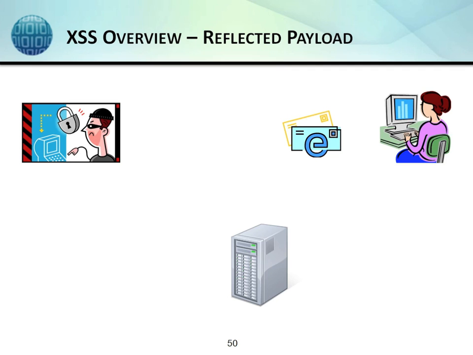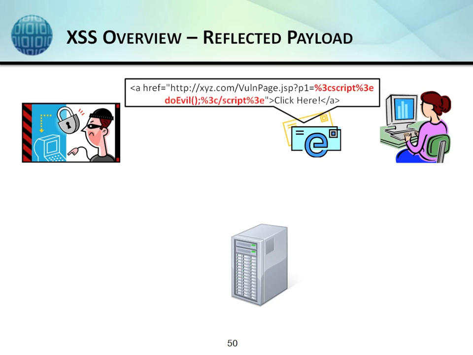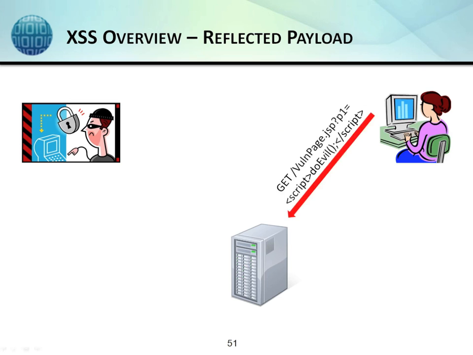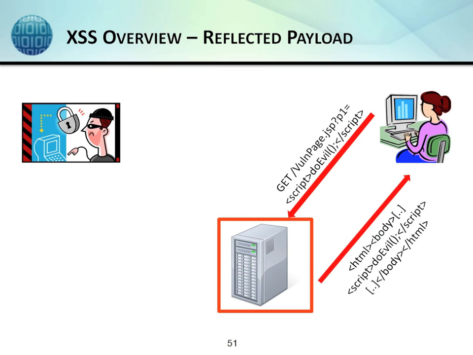One way you could possibly do that is by sending them an email, and that email would contain a link to the vulnerable website with the payload embedded. The unsuspecting user clicks on that, which results in a request being issued from her browser back to the vulnerable site with the payload embedded. The site is infected, the response comes back, and now, again, the code executes against her.